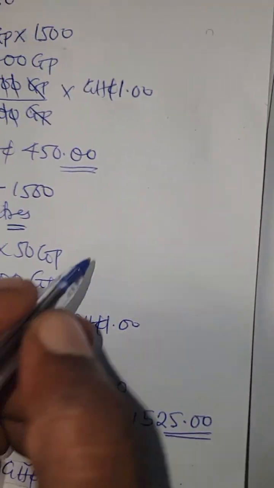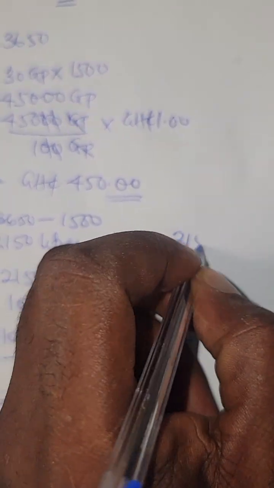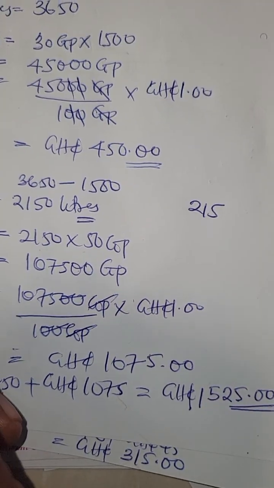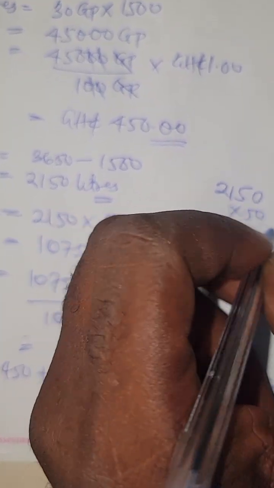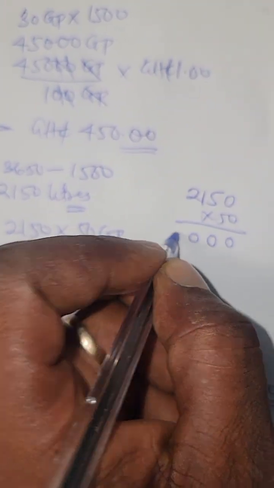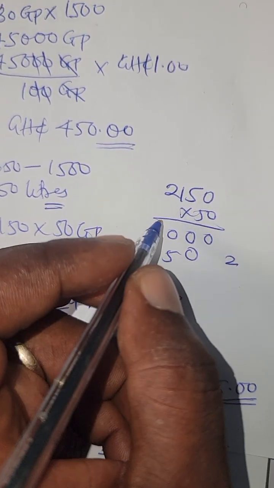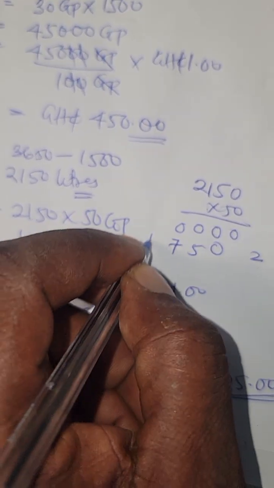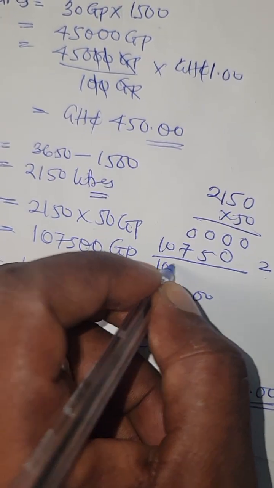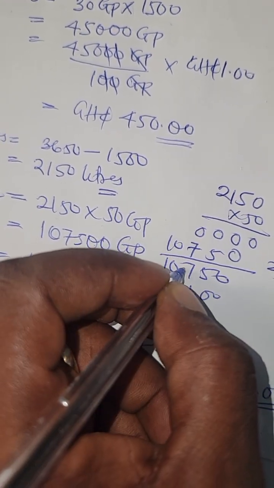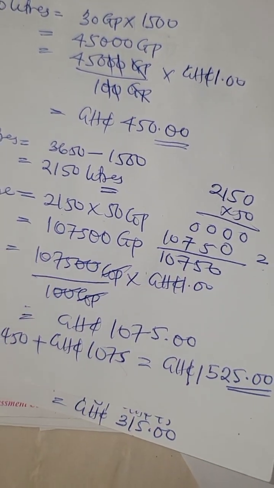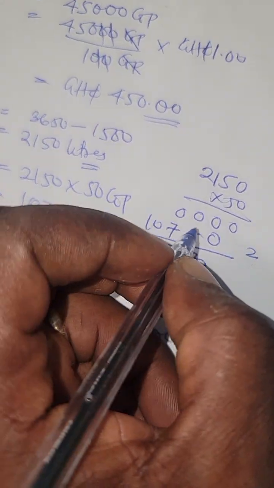So if you are doing 2,150 times 50, the result is 107,500 pesos, and there's a last zero there.